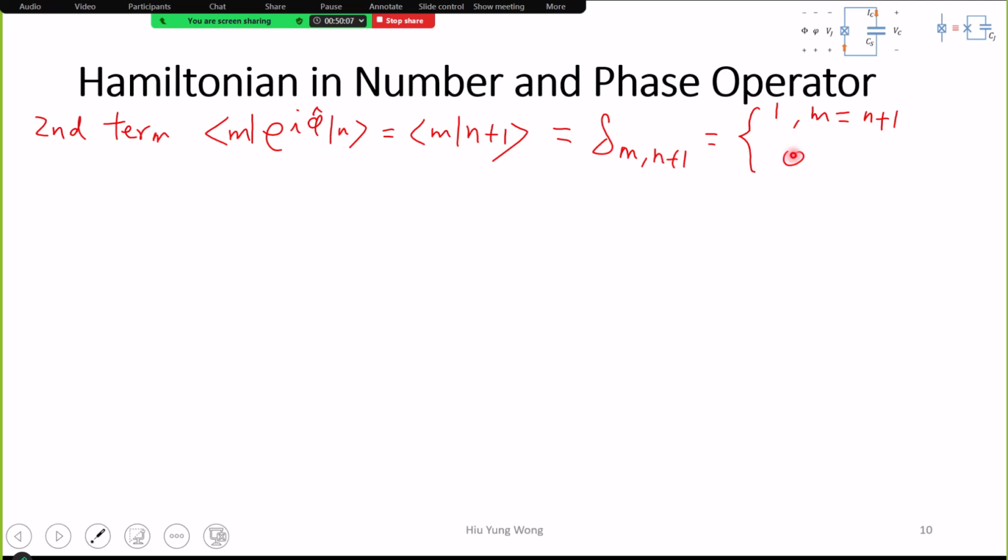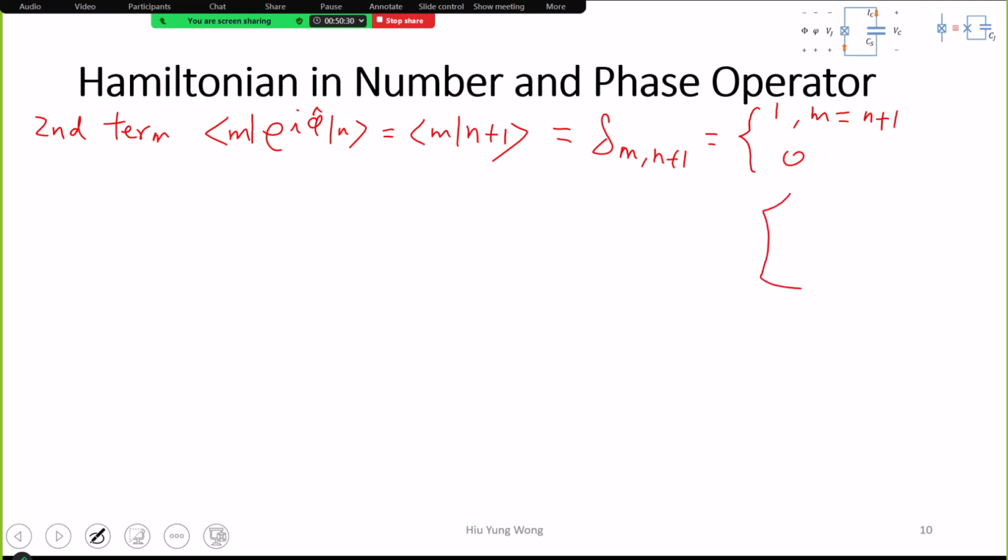Now remember, what is m? M is the row and n is the column. It means your row number needs to be plus 1 over the column number. So that means it actually goes one diagonal shift from the diagonal. How to say that?